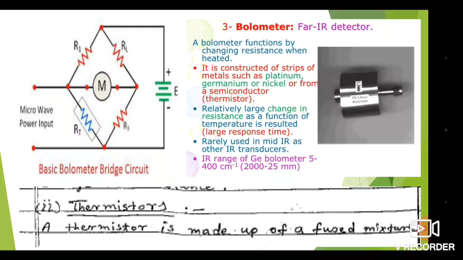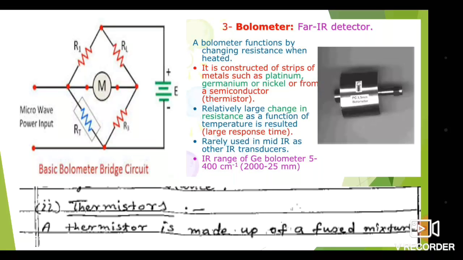Let's see how the bolometer circuit looks. It is a basic bolometer bridge circuit with a resistance, one battery, and a current measuring device.